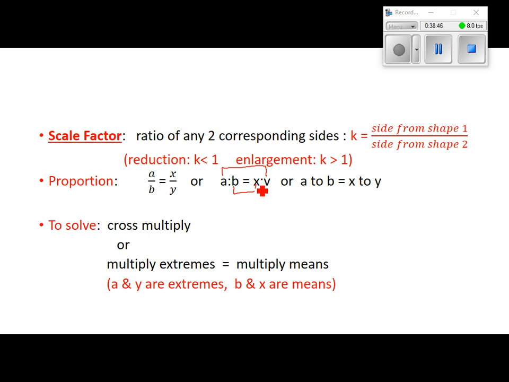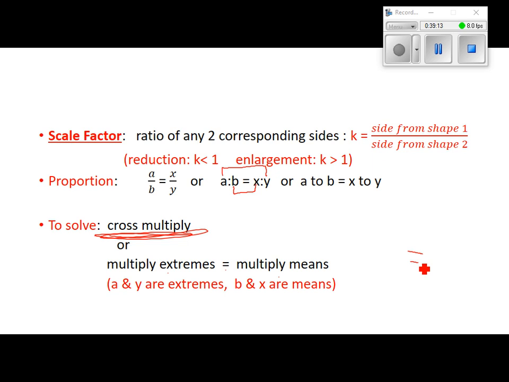To solve a proportion, most of you just call it cross multiplying. What you're actually doing, the actual rule, is to multiply the extremes together, set that equal to whatever the means multiplied together is. That's the actual rule. That's what they didn't teach you back in 4th, 5th grade, wherever it was. Multiply the extremes, multiply the means, then you put an equal sign in between those two answers.